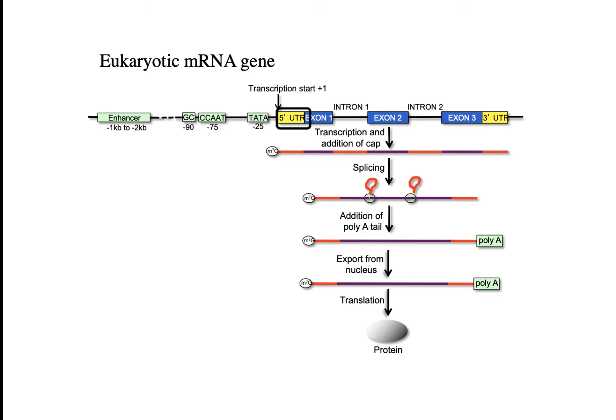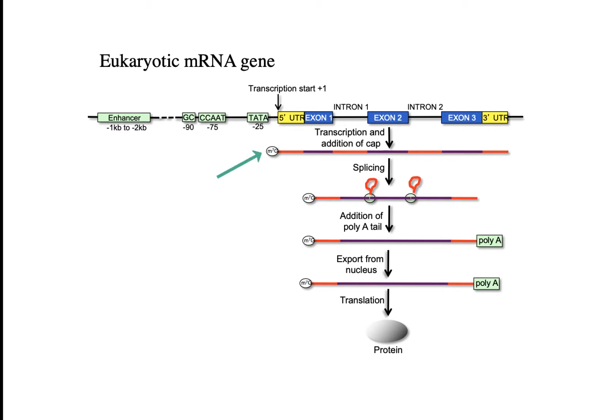So then there's a 5' untranslated region, an exon. There can be introns, 1, 2, or sometimes dozens of introns. And exons, again, dozens of those are possible. And then a 3' untranslated region. So those are all transcribed.